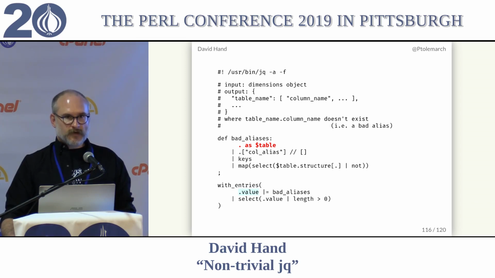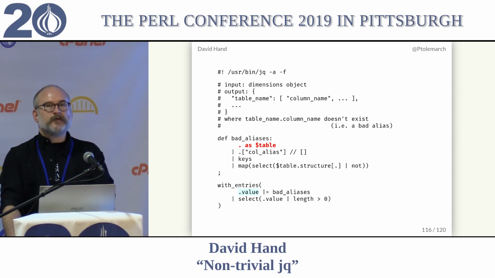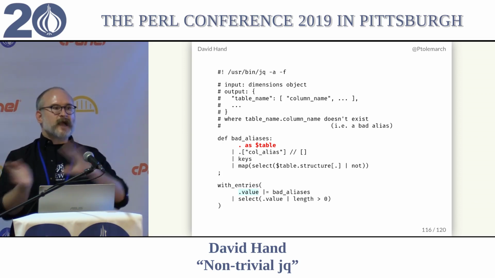In this particular case, bad aliases accepts one of the table definitions, that's sort of the top level object elements, and it stashes that away.